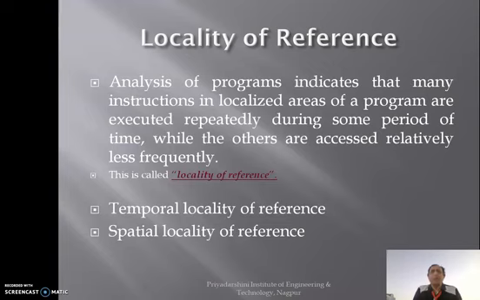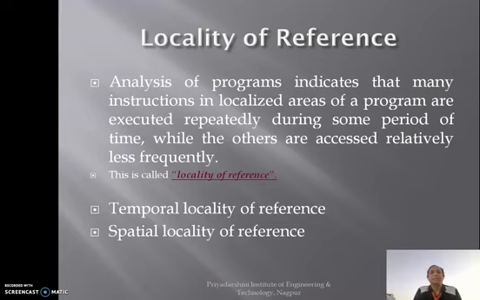In temporal locality of reference, the instructions are executed frequently, such as if we take the example of a for loop, while loop or do while loop. If we take a for loop for i equal to 1 to 100, then that particular block is executed 100 times, meaning that particular area of the memory is accessed again and again.